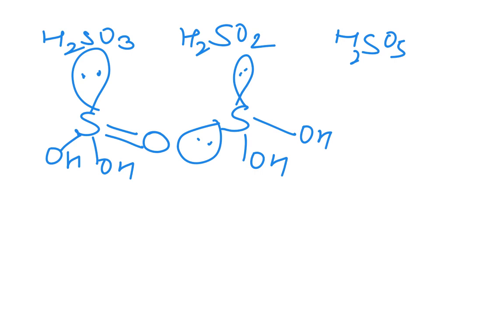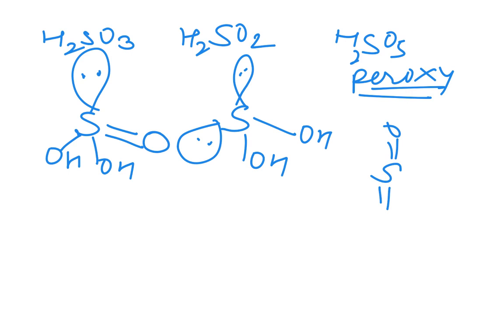In this a peroxy bond is there. So in the sulfuric acid you already have one oxygen, and this peroxy bond is there. So this is the structure of Caro's acid.